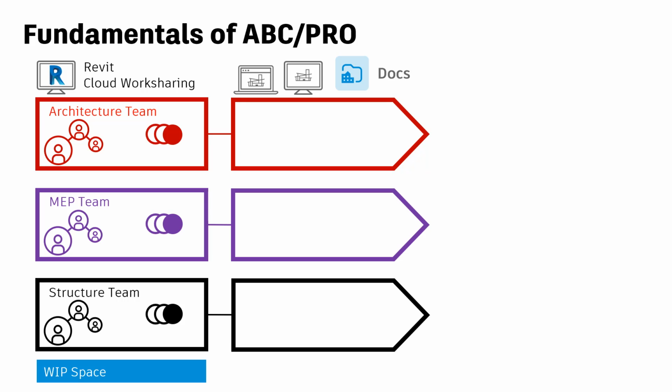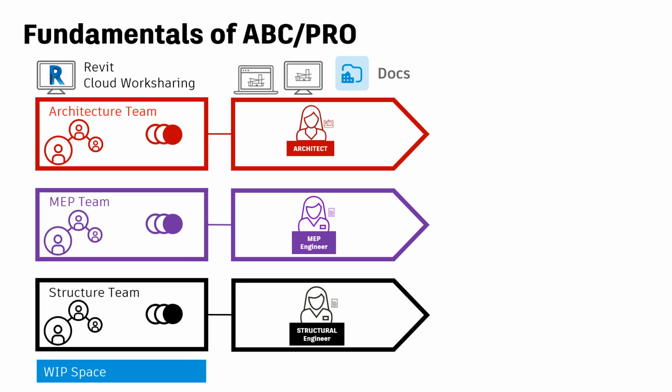Now on the common data environment, which is Autodesk Docs, and that can be accessed on a web browser, we can have the architect, the MEP engineer, and the structural engineer publish in the published space the latest version of the design that their own team had provided.